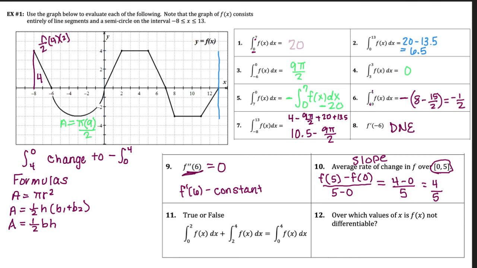All right, so on number 11, we have an integral from 0 to 2. And then I'm going to take this bounded area, and I'm going to go from 2 to 4.